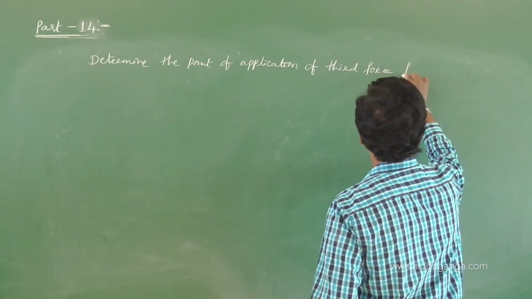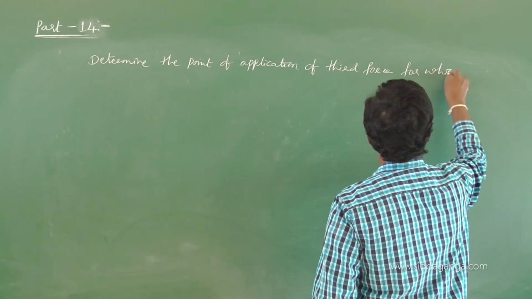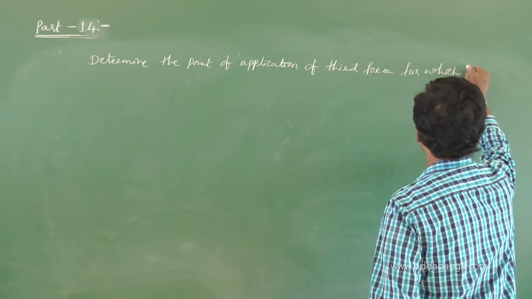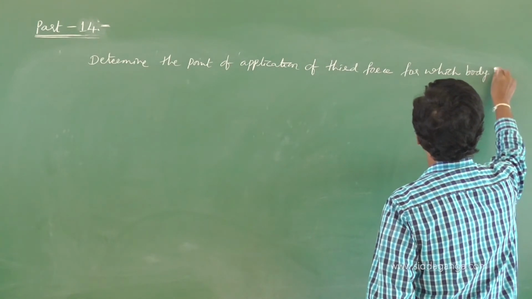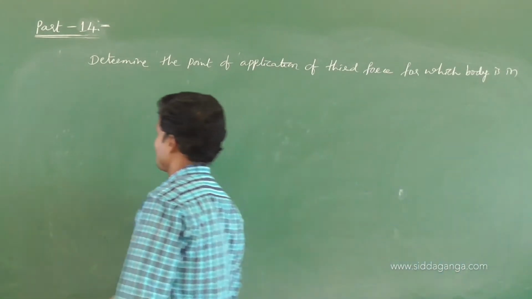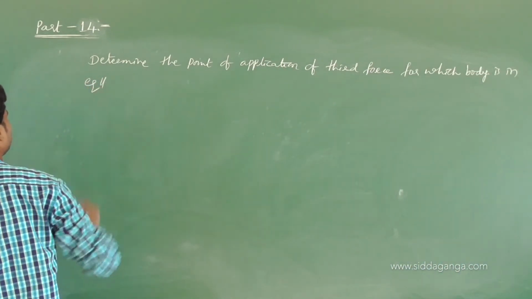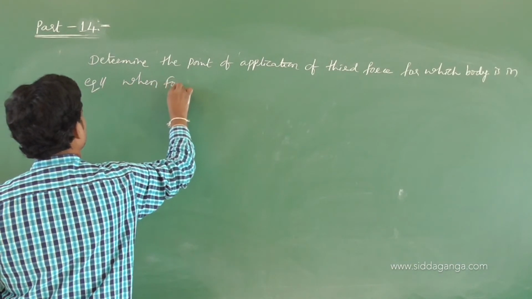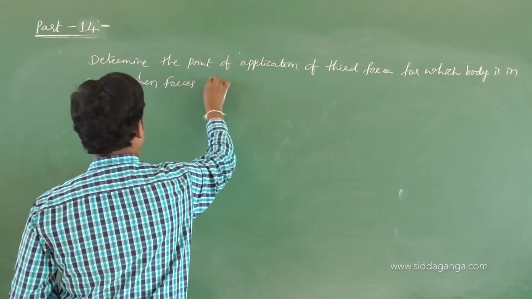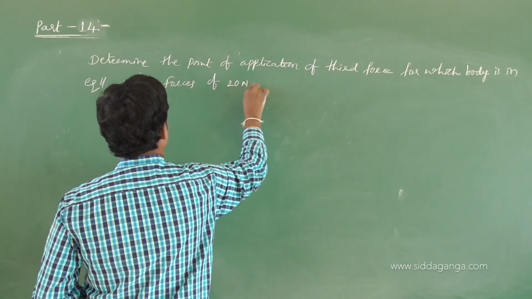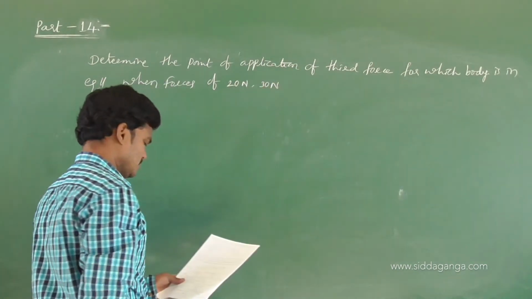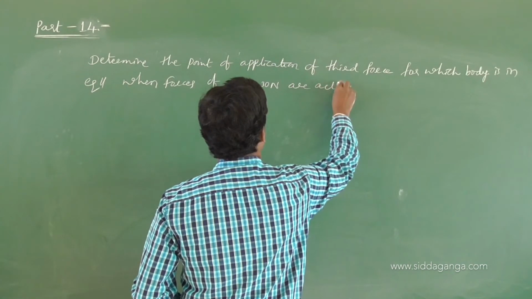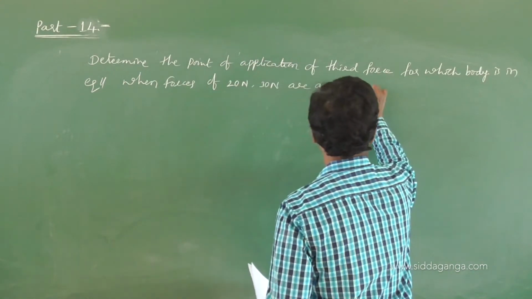for which the body is in equilibrium, when forces of 20 Newton and 30 Newton are acting on the rod as shown.